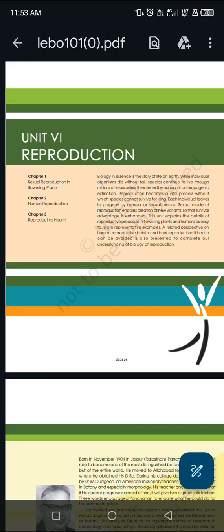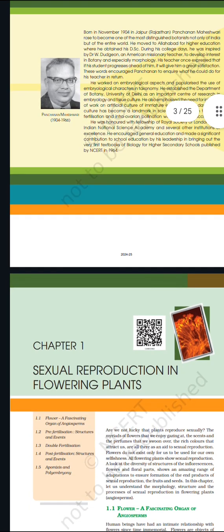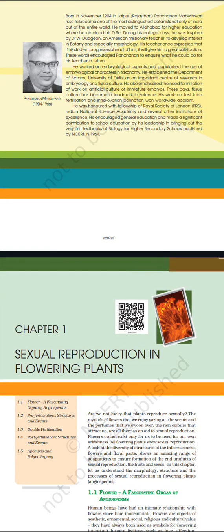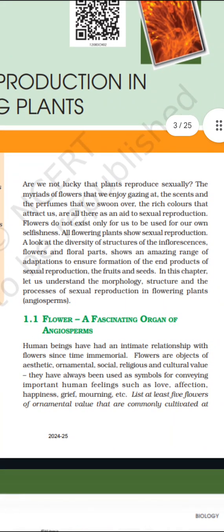So today we aspirants are going to learn about the unit Reproduction, Chapter 1, that is Sexual Reproduction in Flowering Plants. This chapter is a fundamental basic chapter for the NEET examination. As an aspirant who attended NEET in 2024, so far I've seen many things like match the following, and the options are so tricky.